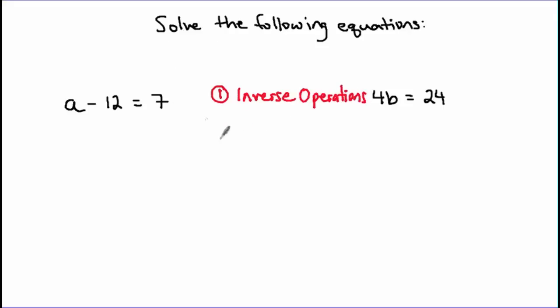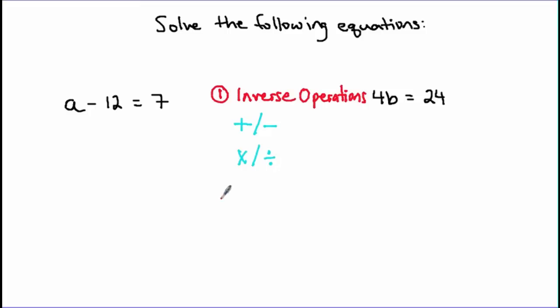The two most common are addition and subtraction, as well as multiplication and division. If you think about order of operations, these actually connect, because addition and subtraction are a pair that go together, as are multiplication and division. So we're going to make use of inverse operations when solving these equations.